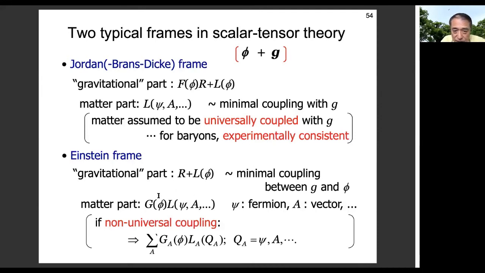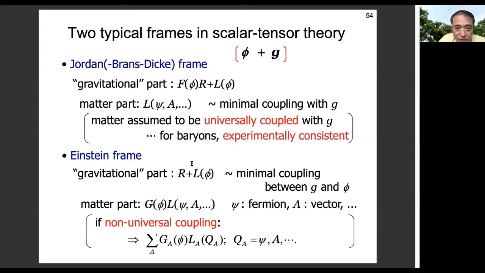Again, this is usually universal if you assume universality in this Jordan frame. But of course, if this universality is lost, then depending on the matter field, you may have different couplings to this scalar gravity field.